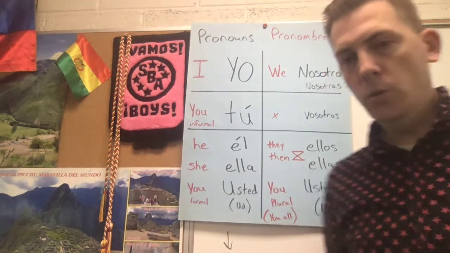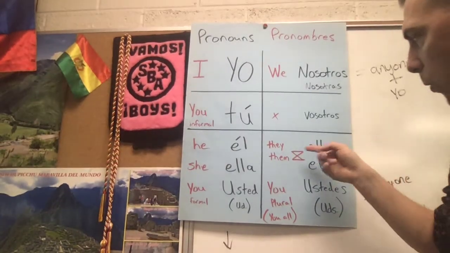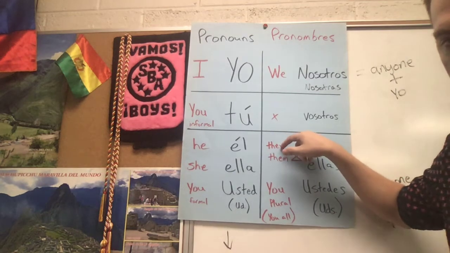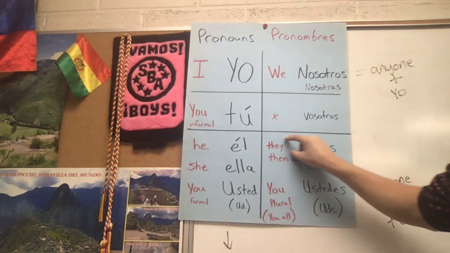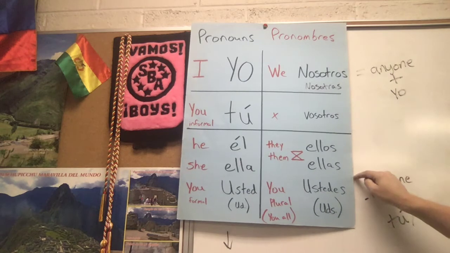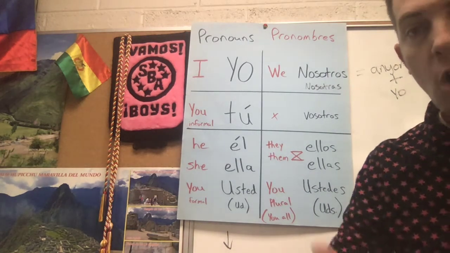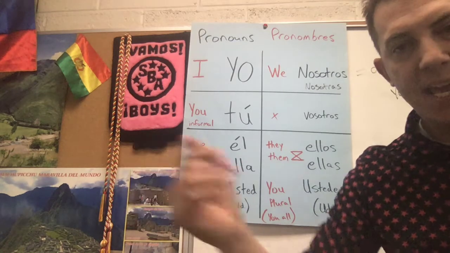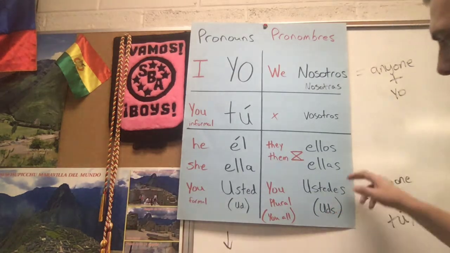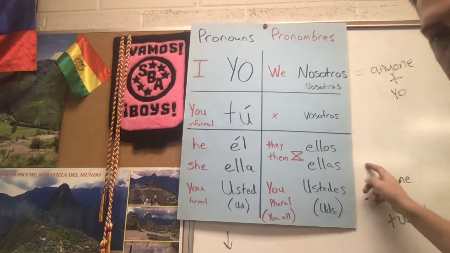Okay? So then over here, for they, them, okay, those two get clumped together with these ones, ellos and ellas. Ellos will be used with mixed groups or all male groups of they or them. All right? If it is all females, it would be ellas.